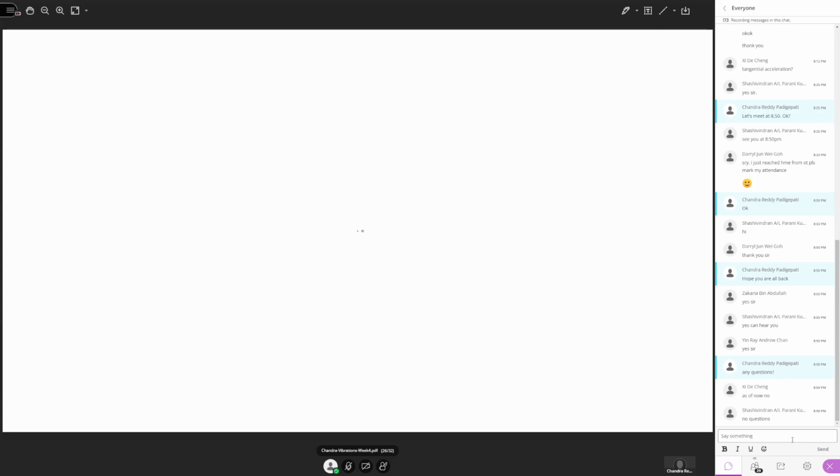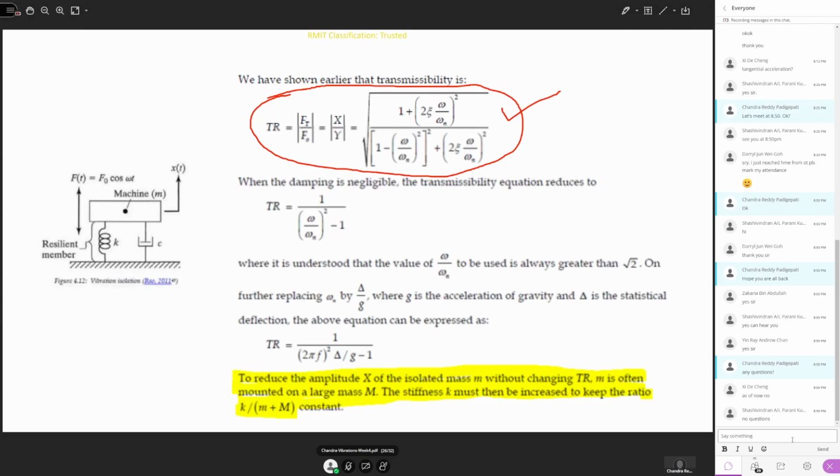Then when the damping is negligible, when eta is negligible, this transmission ratio you can simply write as 1 over r square minus 1. Rarely do we use this equation.